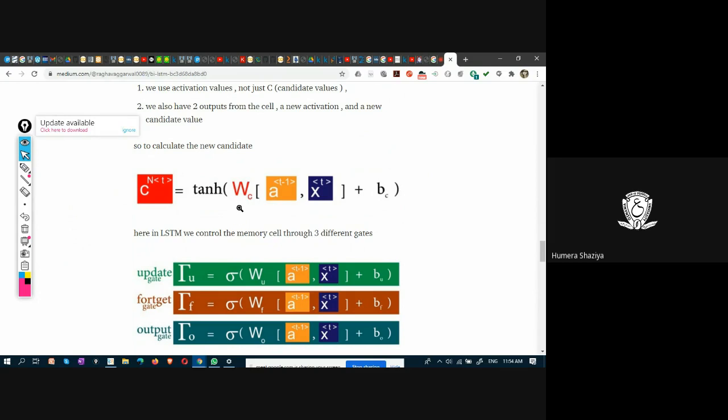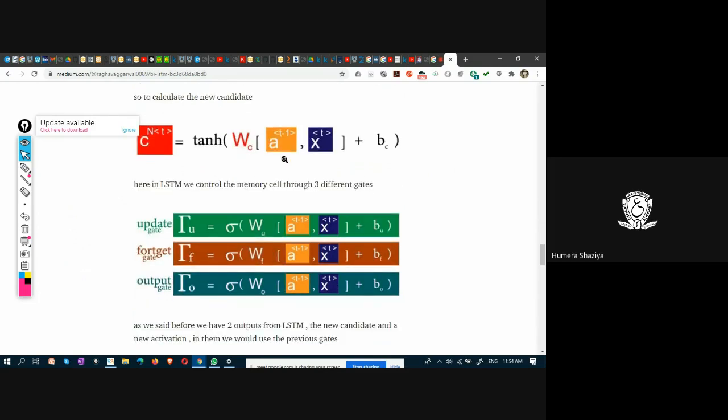This is like the weight of this activation as well as the weight for this x. You have that x multiplied with its weight, a multiplied with its weight, and you sum that, and then you add a bias unit, and then you take tanh.